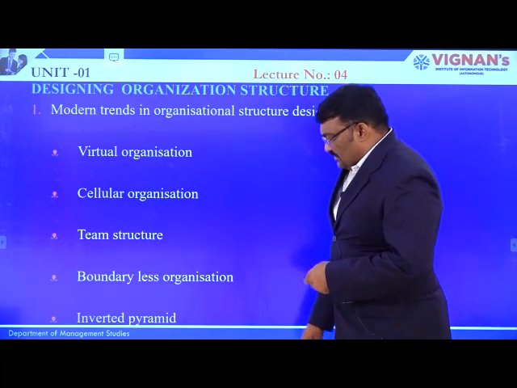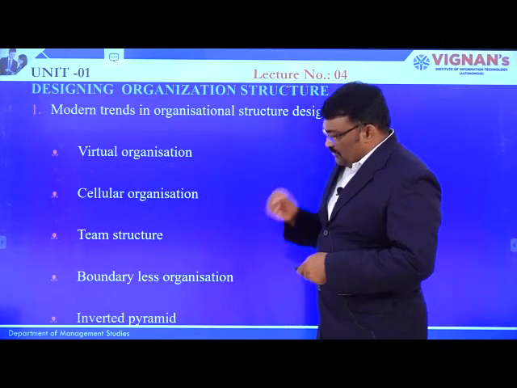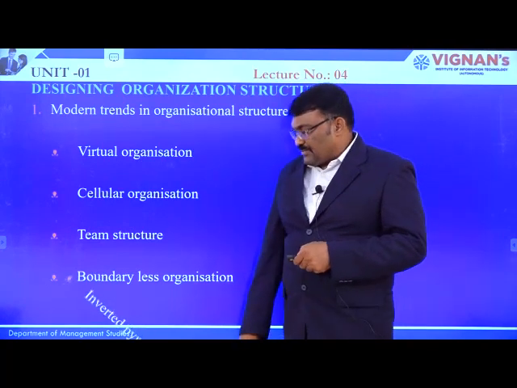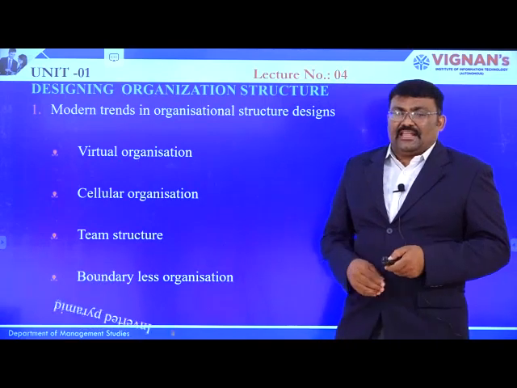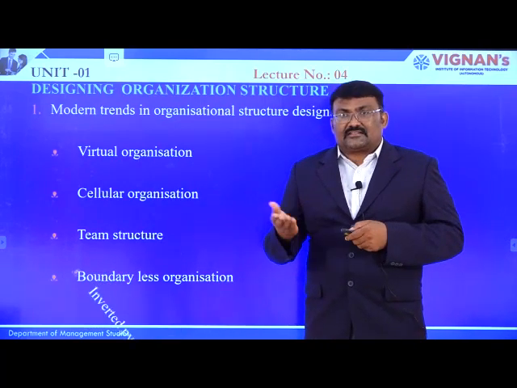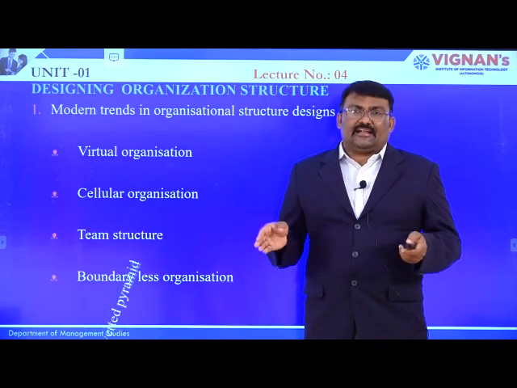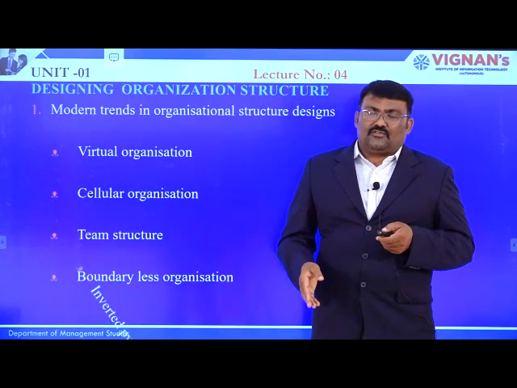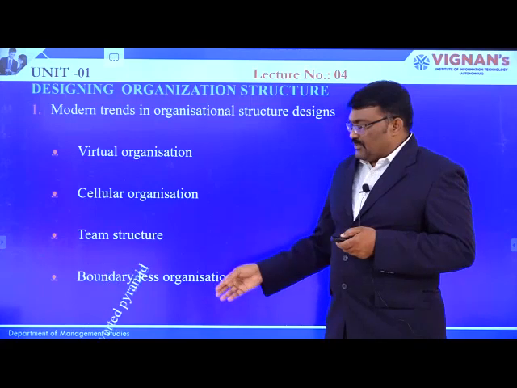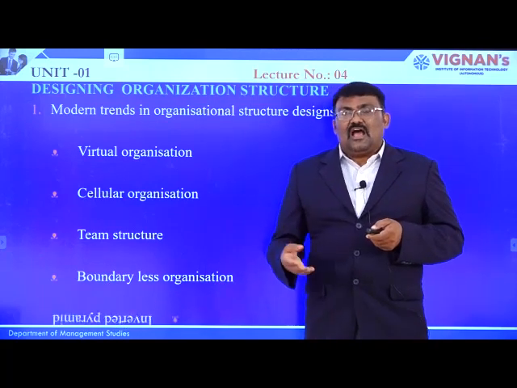And coming to the next one, the last one in terms of modern trends, it is the inverted pyramid. Now, how does the inverted pyramid work? It is the reverse of the hierarchy. Normally, we have seen the hierarchy from top to bottom. In the case of the inverted pyramid, we have the other way down.